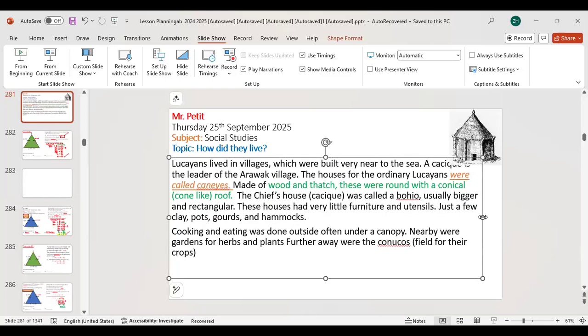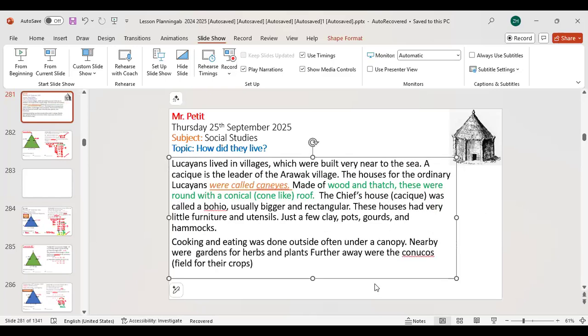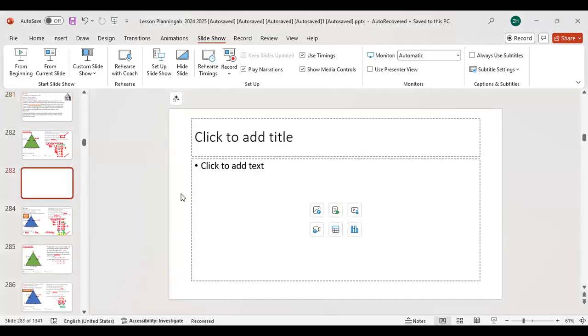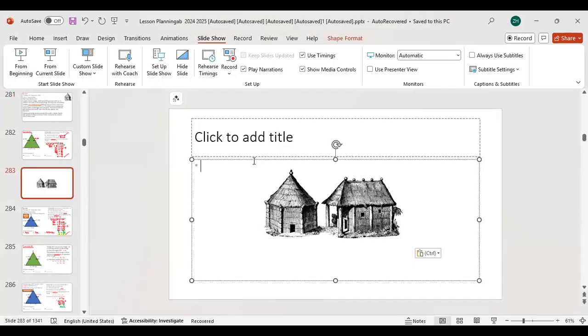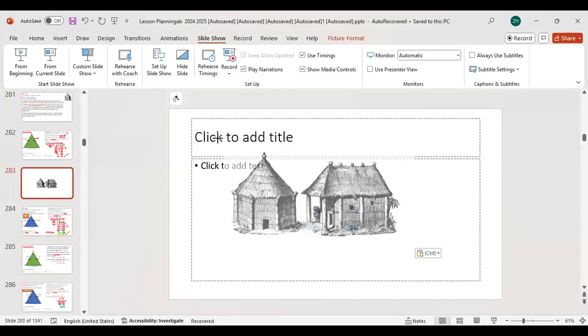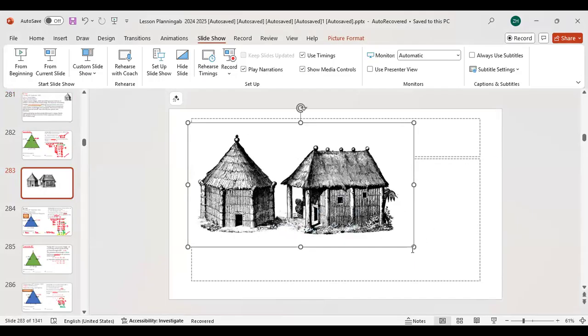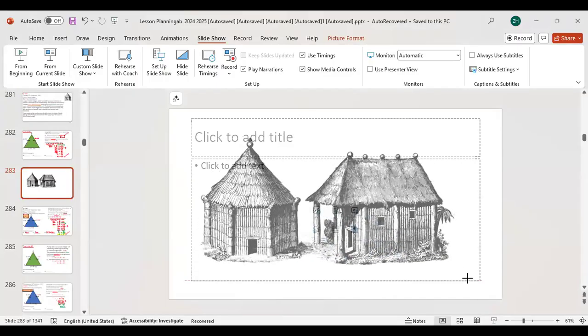All right, so let me go ahead and show you the picture for the cacique's place of residence, or where he used to live. So I have two images here, and you can tell me which is which. So we have two houses.